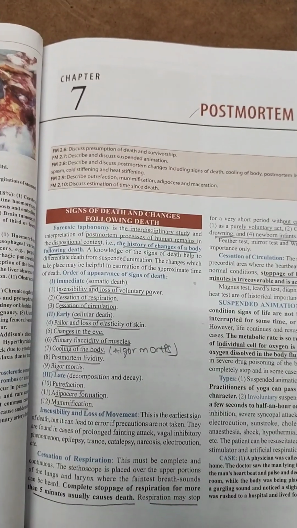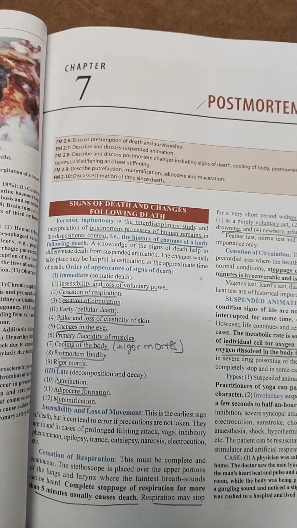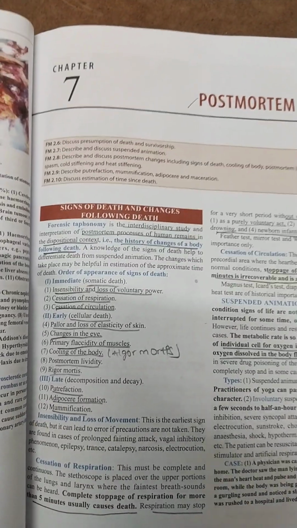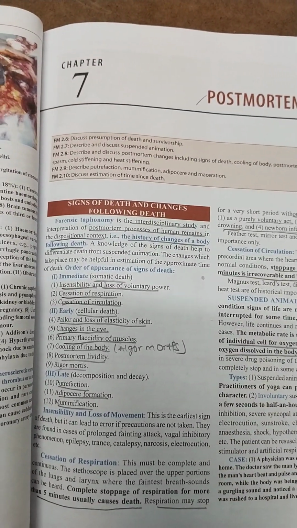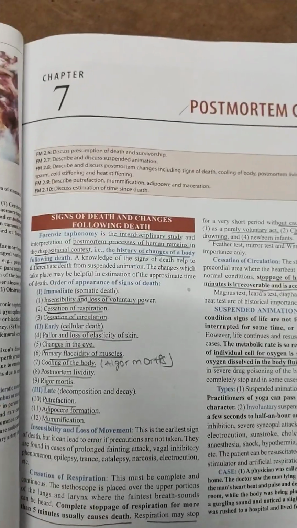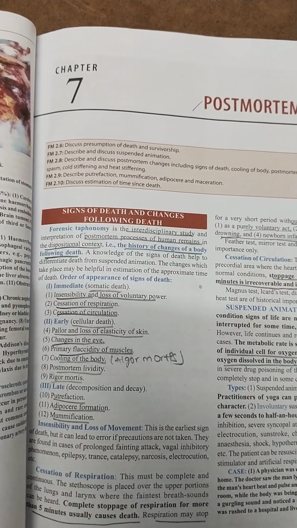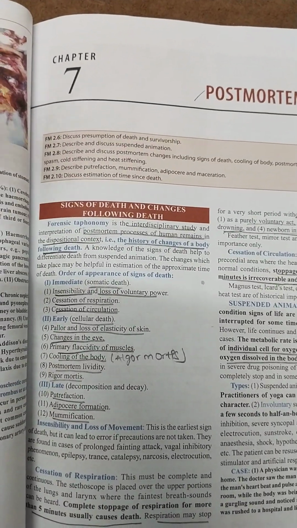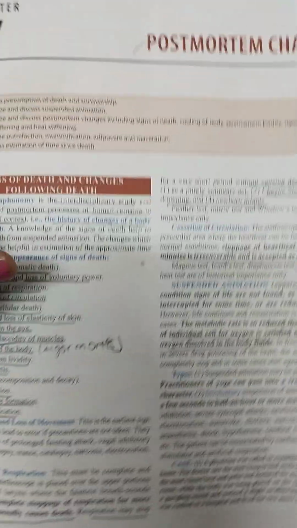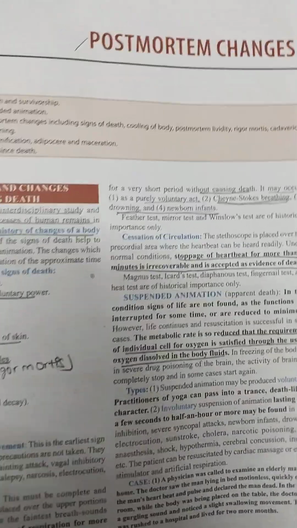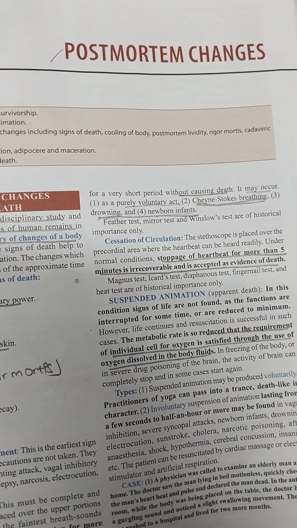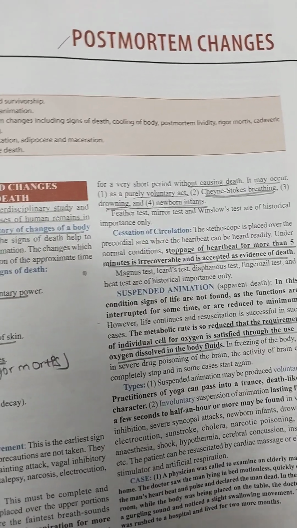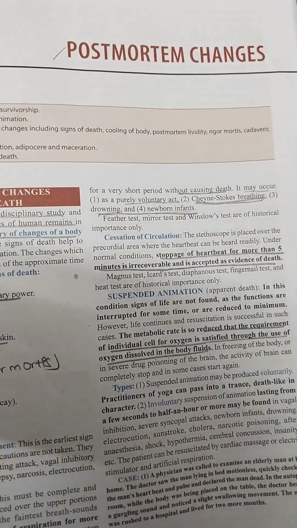So we should hear even very low breath sounds to distinguish whether it is death or some respiratory problem. Complete stoppage of respiration for more than 5 minutes usually causes death. Respiration may stop for a very short period without causing death.